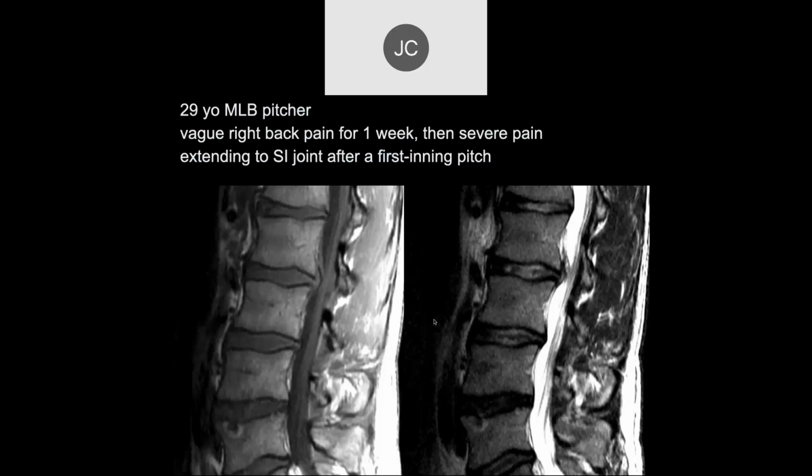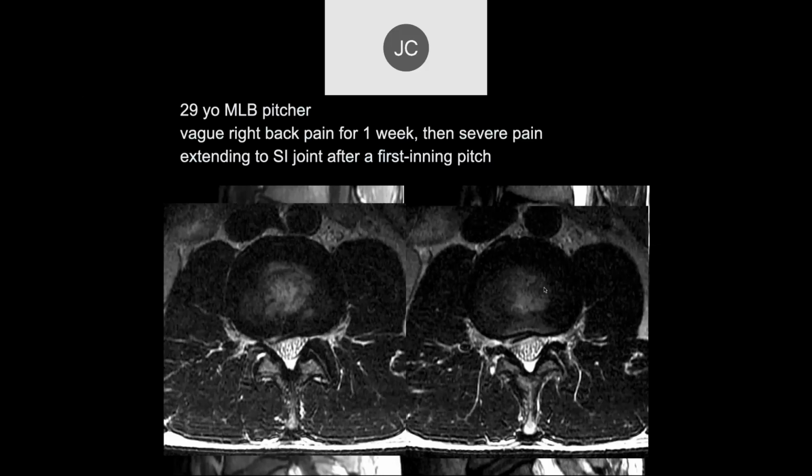29-year-old MLB pitcher, vague right back pain for a week. Then severe pain extending to the SI joint. Kind of in the upper lumbar spine, we see a disc protrusion causing some moderate spinal canal stenosis. Okay, here are the axial images.